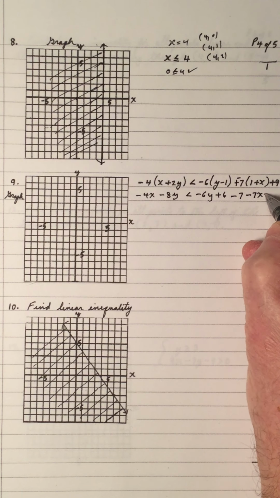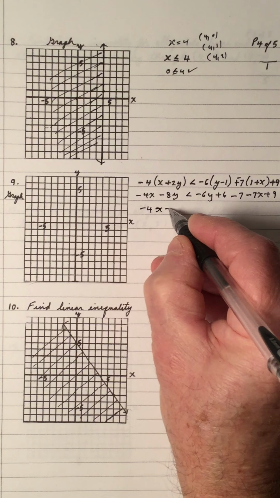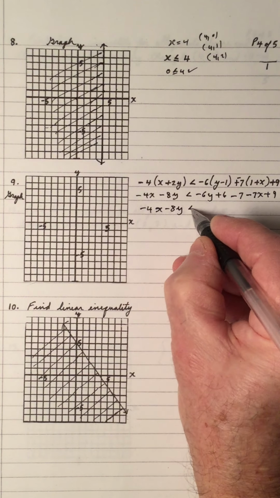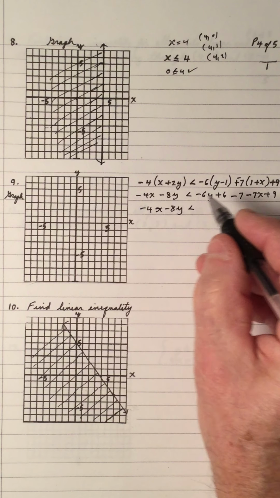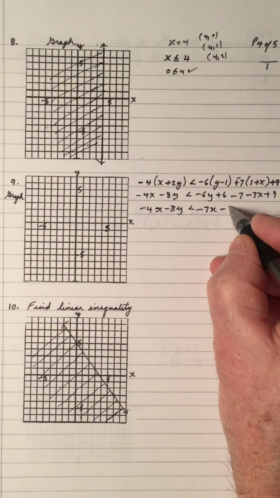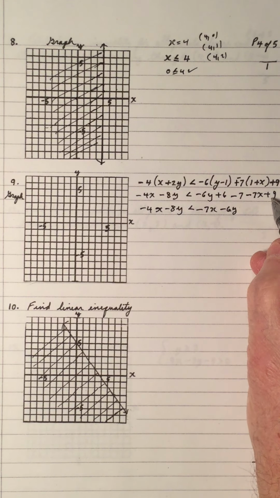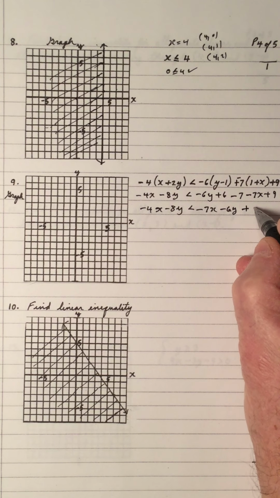Negative 7x plus 9. So simplify. The left side is already simplified. Let's simplify this side. Let's put the x first, the y next, and we'll add these up.